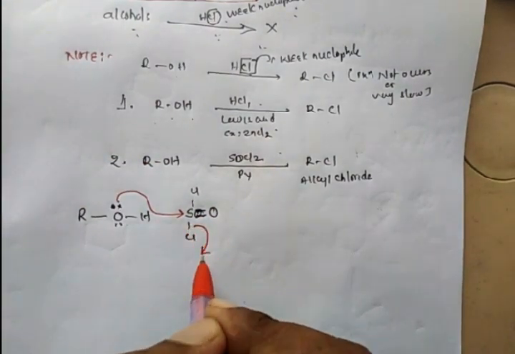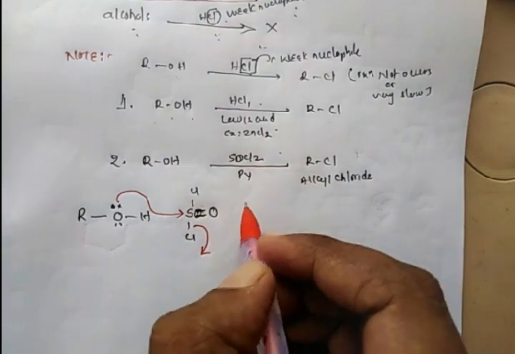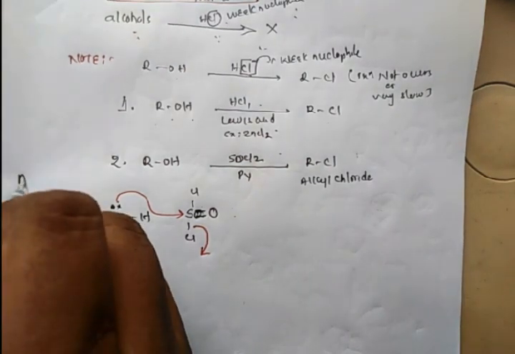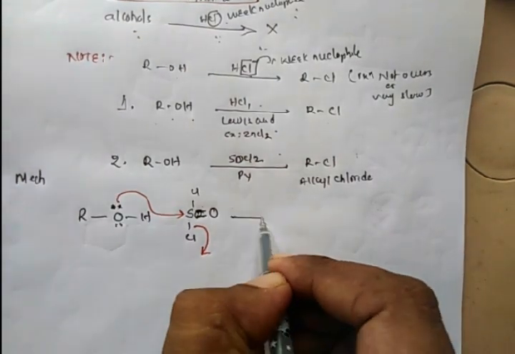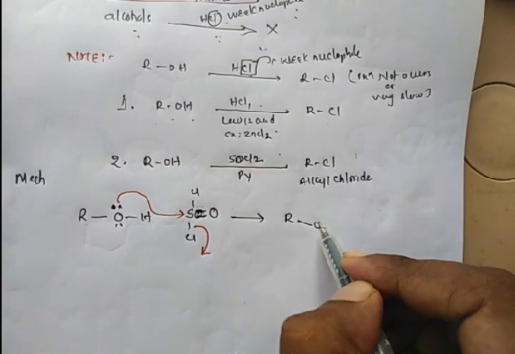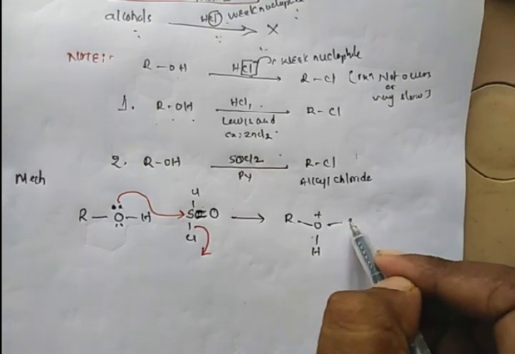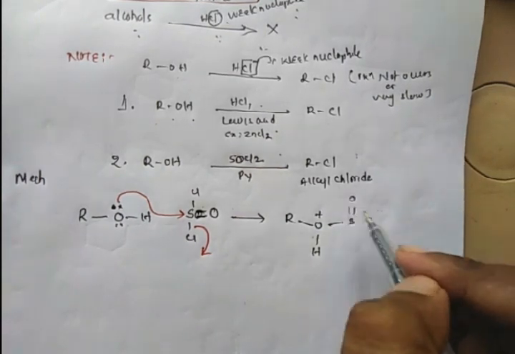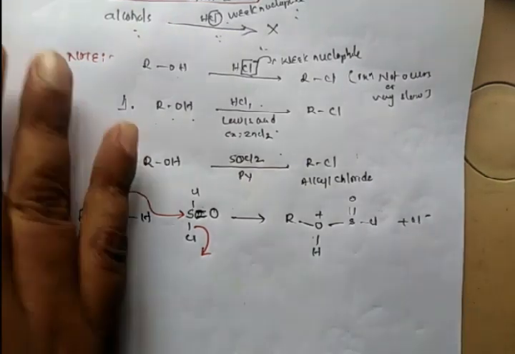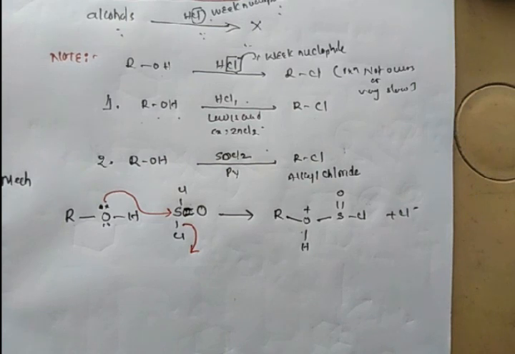As a result, the chlorine leaves from the sulfur atom. We are writing the mechanism, and it forms RO-H plus, sulfur double bond O, Cl, plus Cl minus.